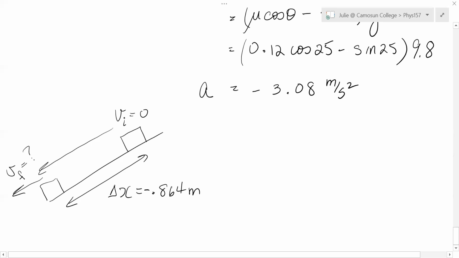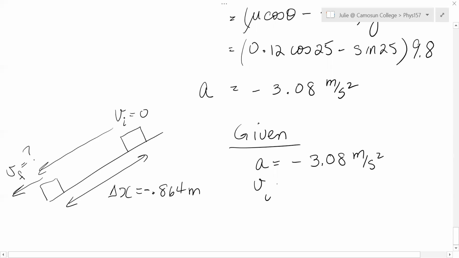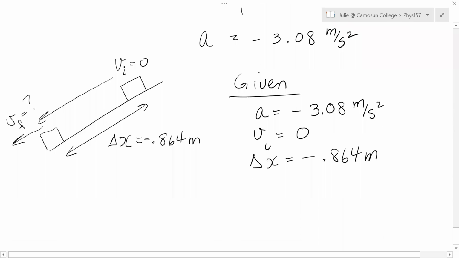So we've got given here, we've got acceleration as it accelerates down that incline. We know it starts at rest because it had to stop and turn around before it headed back down. And we know how far it goes till it returns to its position. Left, 0.864 meters. And now we're trying to find the time. That's not so simple.